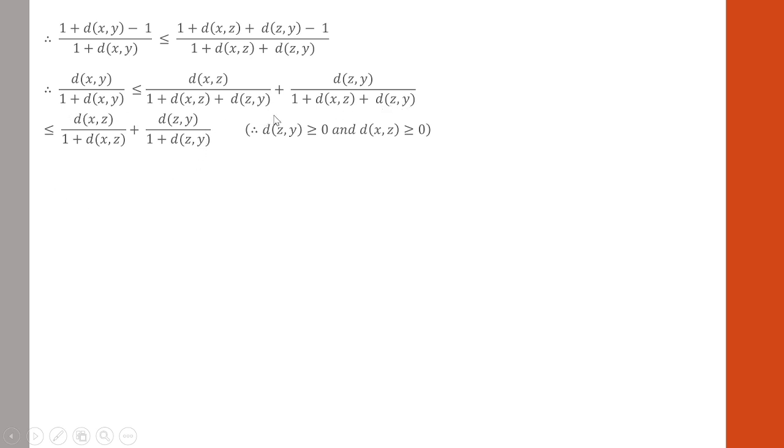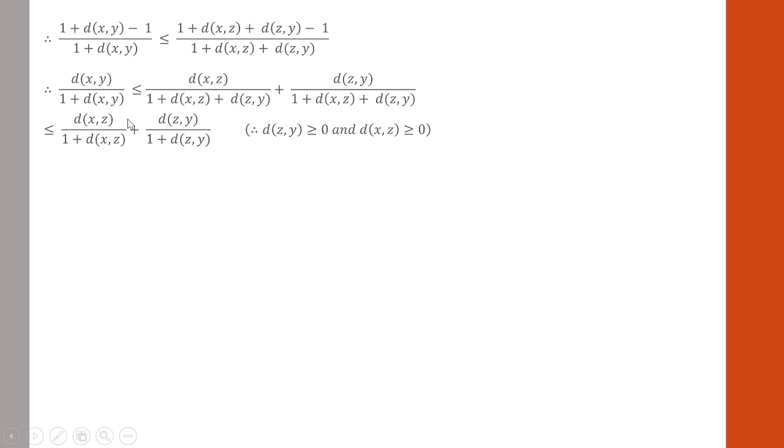Now here d(z,y) is greater than or equal to 0, and therefore this value d(x,z) divided by 1 plus d(x,z) is greater than or equal to this value. Also, we have d(x,z) greater than or equal to 0, and therefore this value d(z,y) divided by 1 plus d(z,y) is greater than or equal to this value.